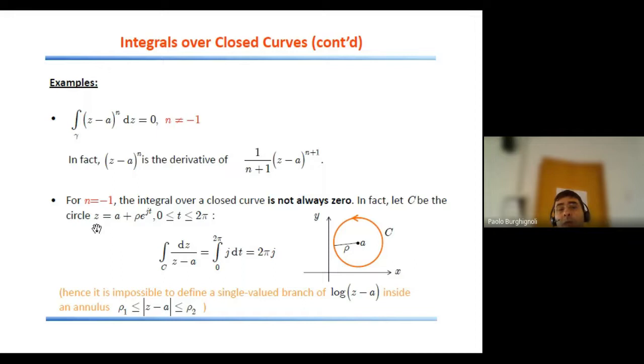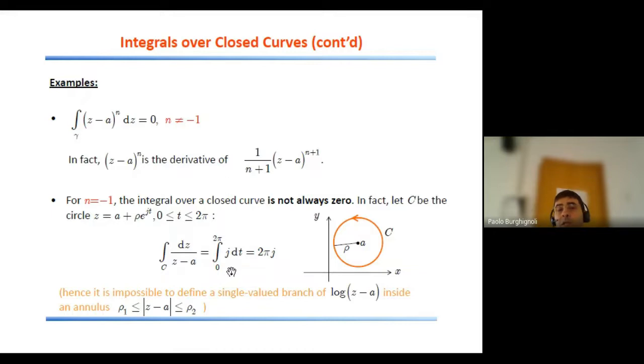So z prime of t is equal to j times rho times e to jt. That's the numerator of this fraction, whereas the denominator, z minus a, if you look at the parametric representation, is nothing but rho times e to jt, which is also present in the numerator, so you have a simplification, and what you get in the end is just the factor j that popped out from the first derivative.